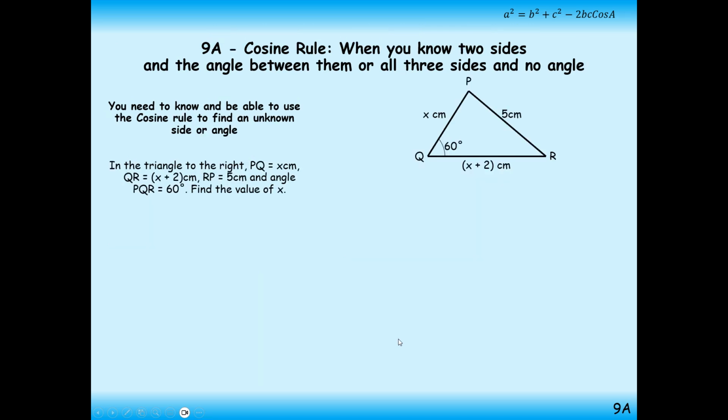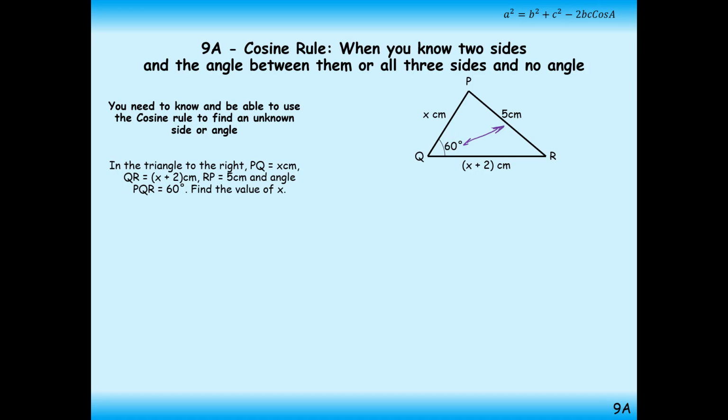Okay, so in this case, we have to use our knowledge and use what we know. We've been told a triangle PQR has a side of X. So the question is asking us to figure out the side X. We know one side and its opposite angle, so we could use the sine rule, right?